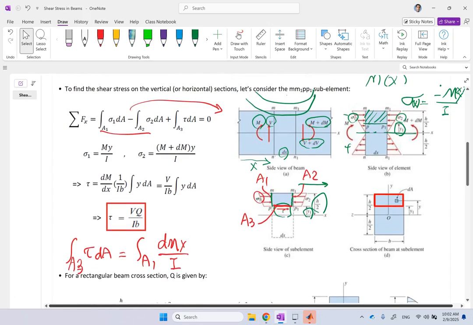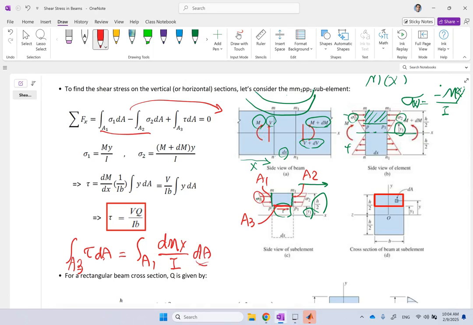Correct? So that's what you have over here. And now we have to calculate this integral. So what I do is, this dM does not depend on y, and this I does not depend on y, so I bring it out. It's going to be dM over I integral of y dA.